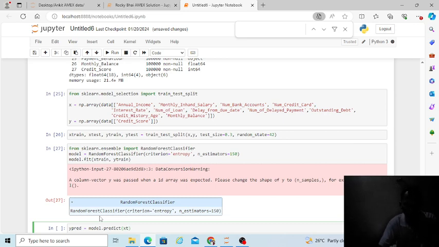We will predict on X test and store the y prediction for us.